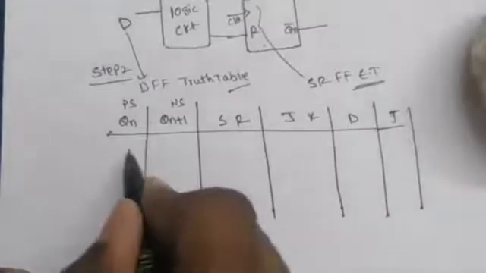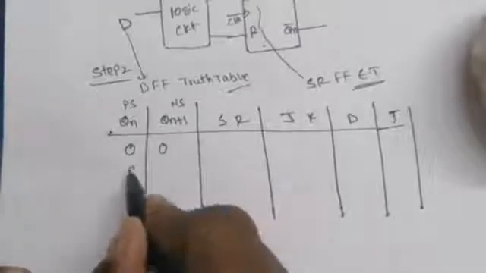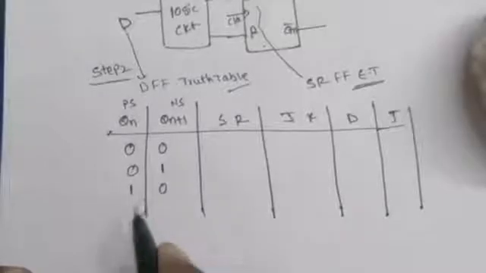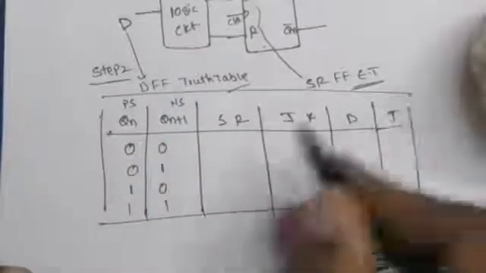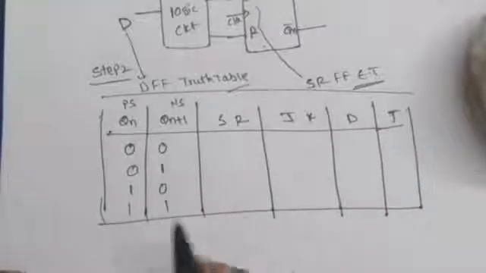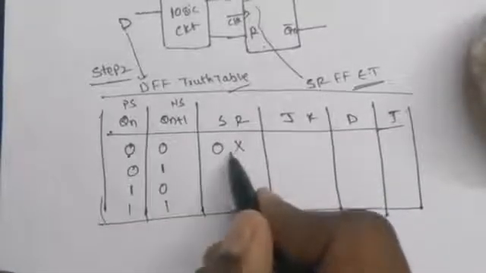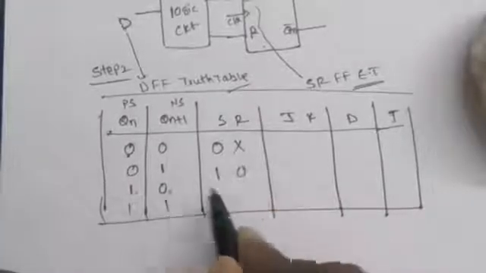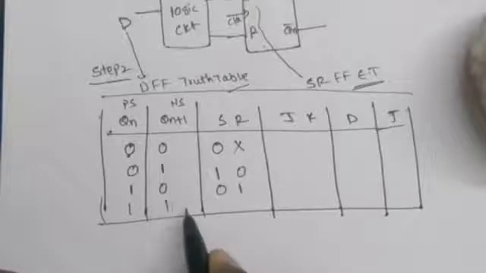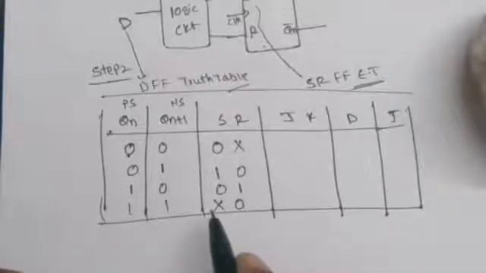For this case, present state and next state 0 0, 0 1, 1 0, 1 1. For these inputs, how are the corresponding excitation tables? For the SR excitation table: 0 0 gives 0x, 0 1 gives 1 0, 1 0 gives 0 1, 1 1 gives x 0, already discussed in the previous video.